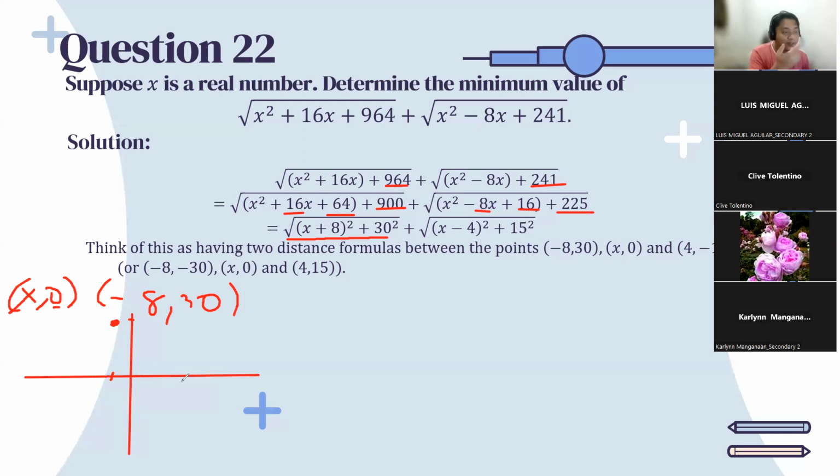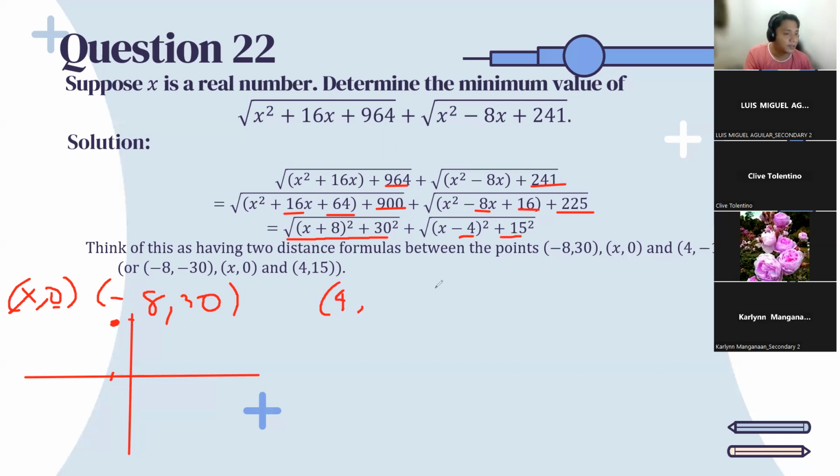And then we proceed with the other expression. You have x minus 4 squared plus 15 squared. So you have the point 4, right? You have 4 because x minus 4, and then you have 15.